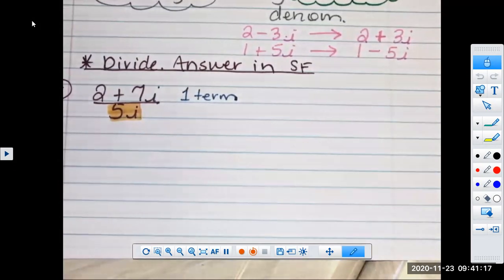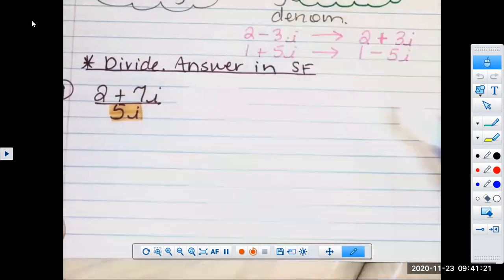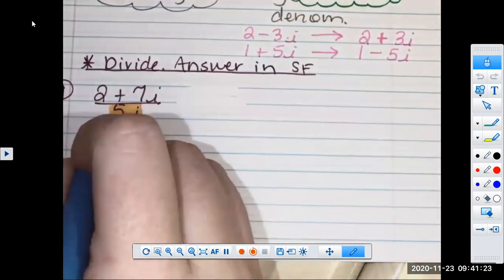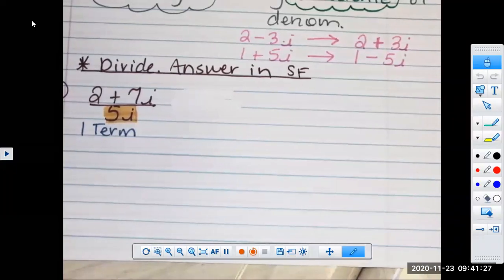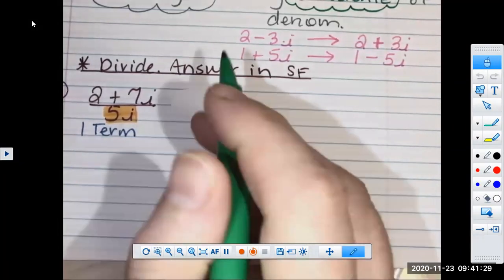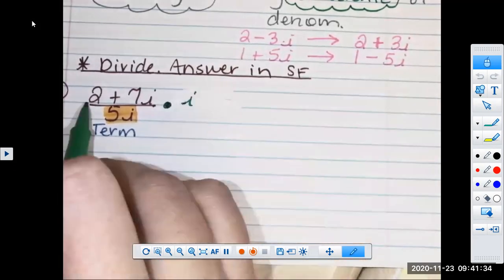So in that case, I'm going to multiply the top and bottom by i. Here we only have one term. Sometimes on the top, guys, you're going to have to do the FOIL method.